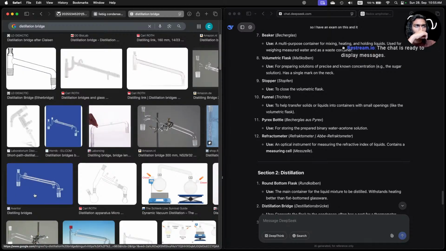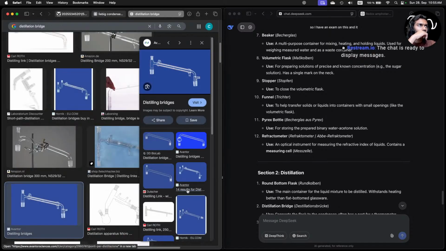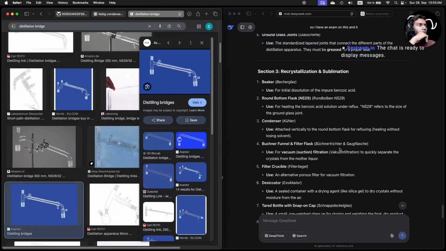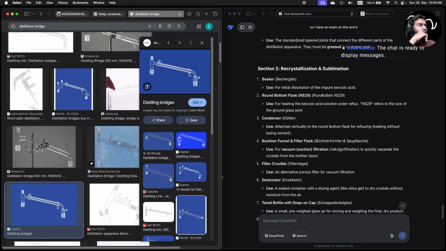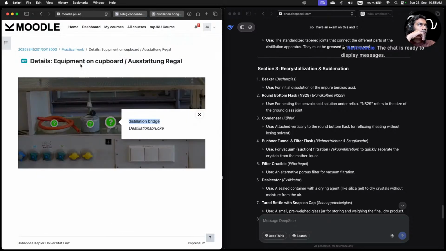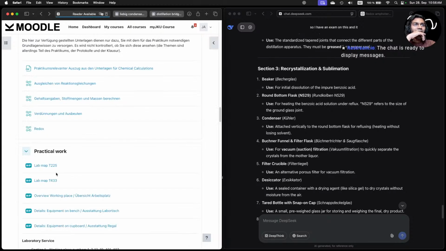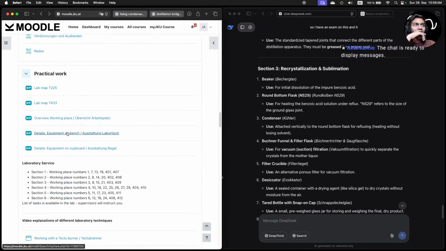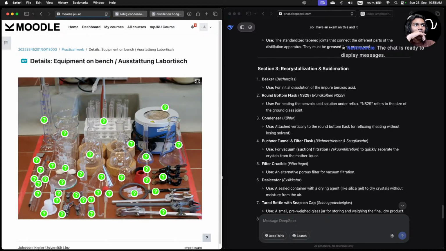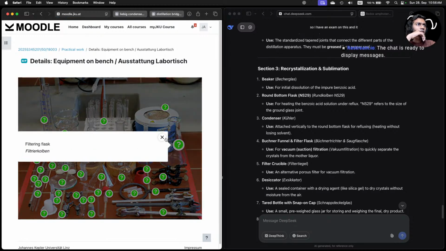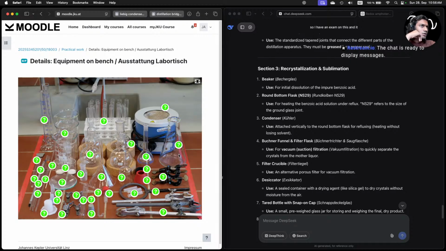Okay, this would be the one I used. Desiccator. Filter crucible. Filtering flask, okay. So how do I start naming all these?